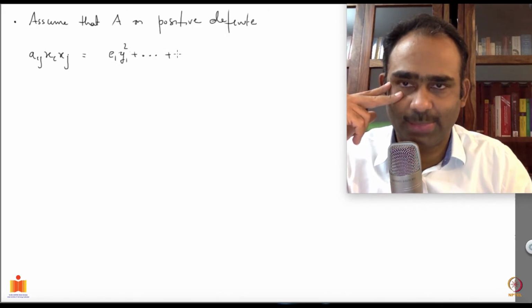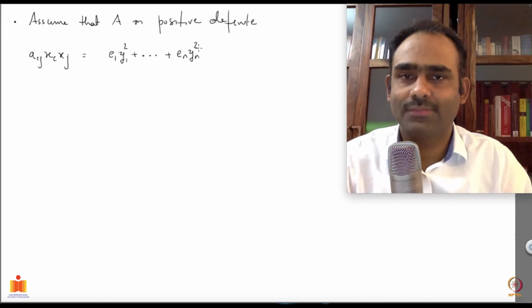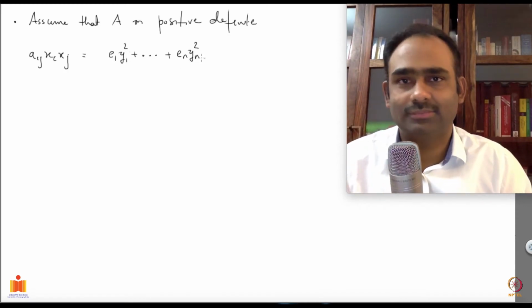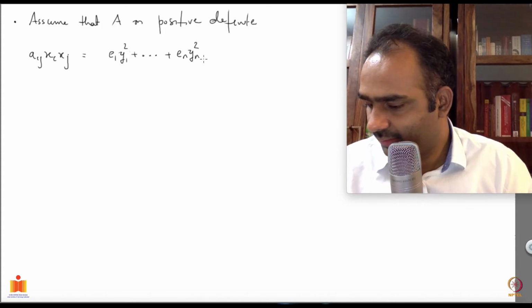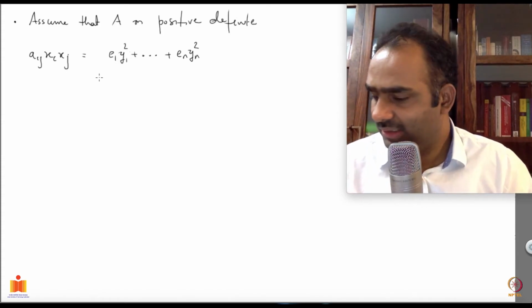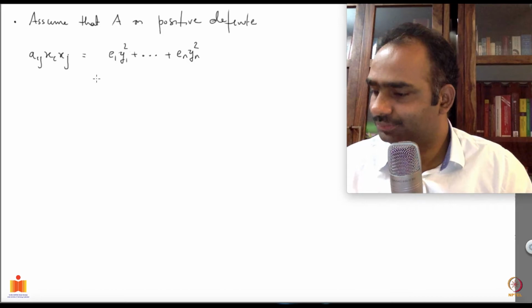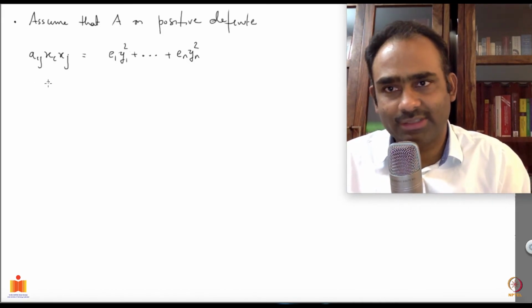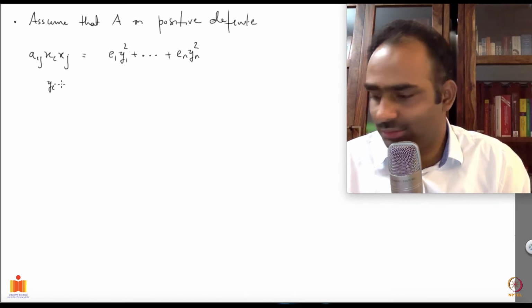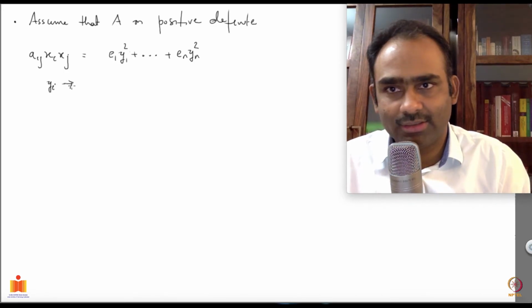This is the principal axis theorem. Assuming positive definite. Now clearly, if I do a further transformation and I take these y_i's to z_i, where z_i is related to y_i by the following.